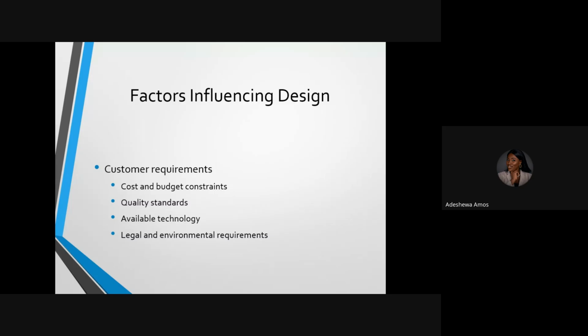Okay. Then we have quality standard. What quality are you seeking to achieve? We know that as an operation manager, it is important that you ensure the right quantity and quality are given out. So the level of quality that you want your product to have will influence your product design. If you just want anything, you can just do it anyhow and produce it.